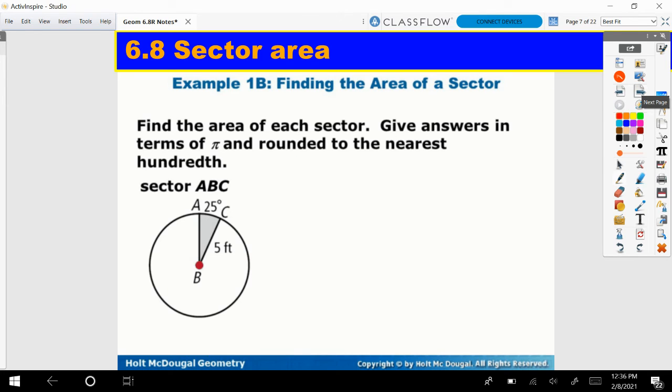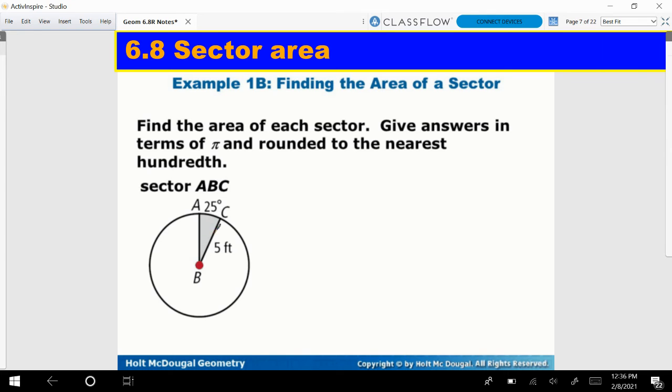Okay, so here's our next sector that we're finding the area of. It's this space right here, this fractional part of the circle. So if we start putting our numbers into our formula, our area is equal to pi, which is 3.14, times the radius to the power of 2.